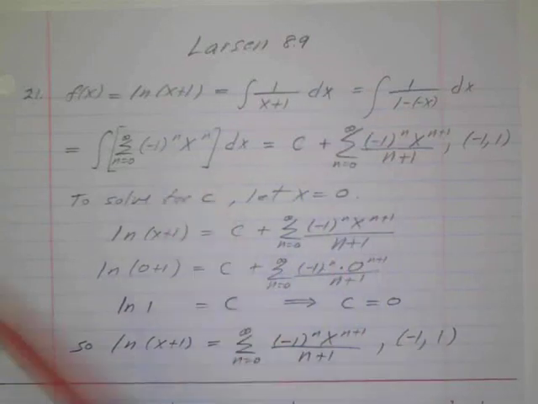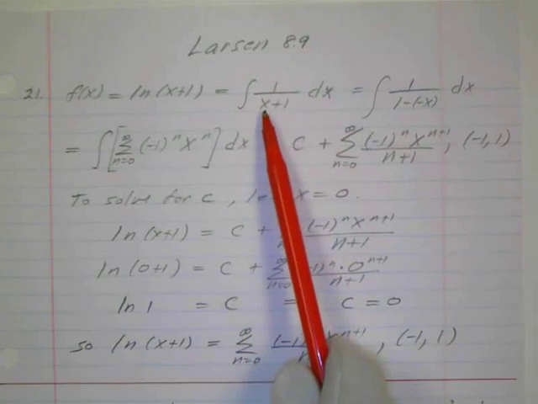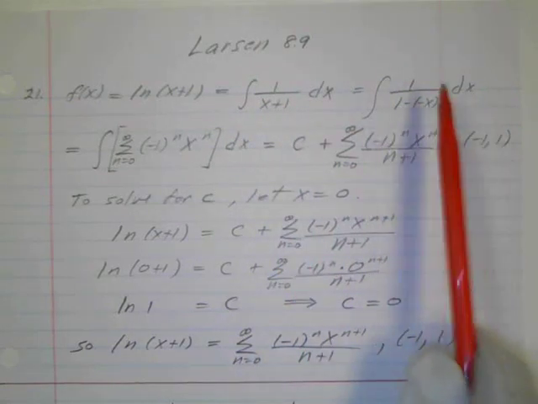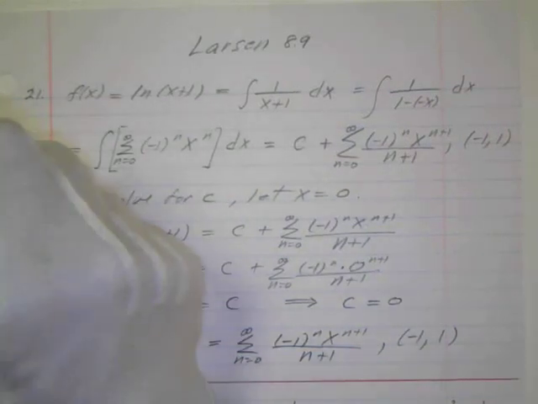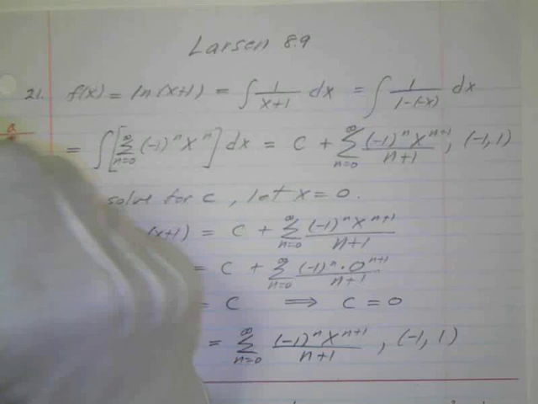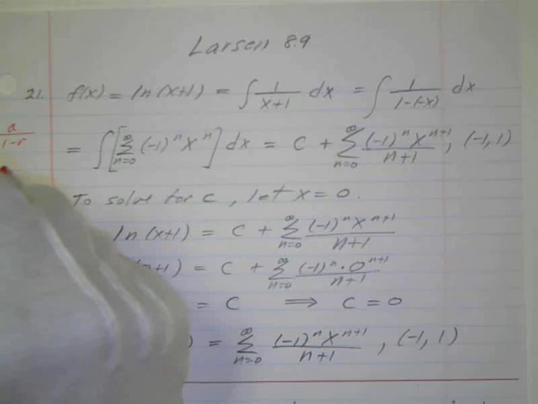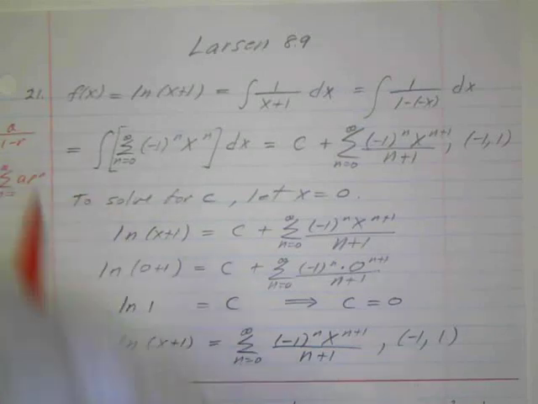So they give you this anyway, and then we want to find a power series for this, but it's a lot easier to find a power series for this, of course, because we can rewrite this as the integral of 1 over 1 minus negative x, and we have this in our nice form, a over 1 minus r, and we know that that's going to be the summation n equals 0 to infinity of a r to the n.